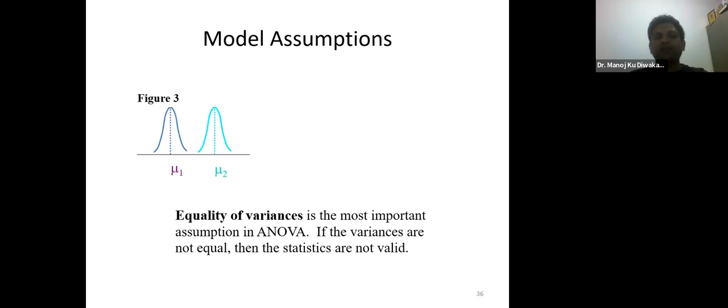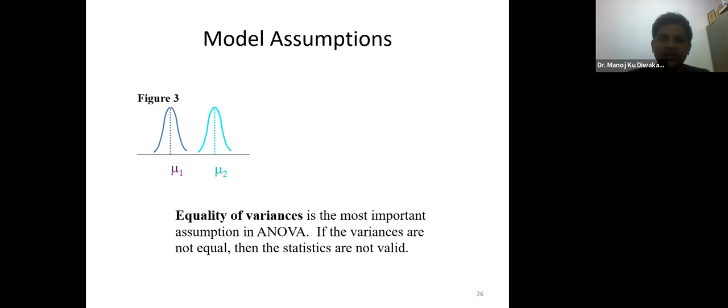In figure 3, the equality of variance is the most important assumption in analysis of variance, and if the variances are not equal, then the statistics is not valid. So it must have equal variability.